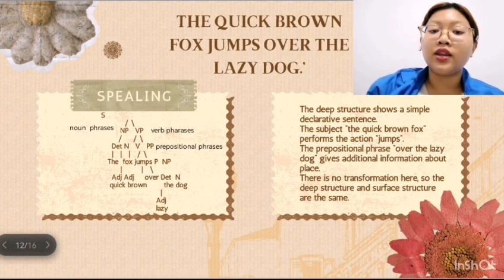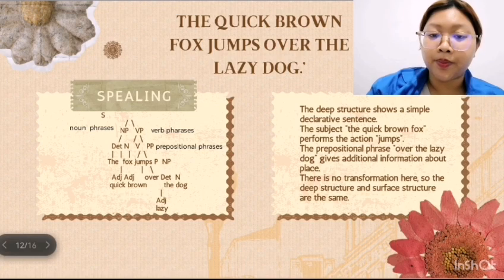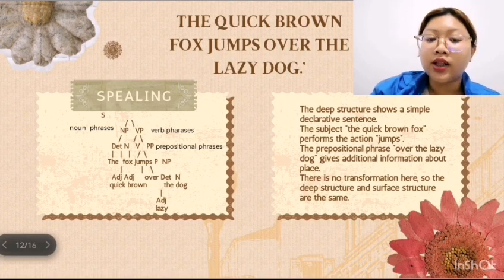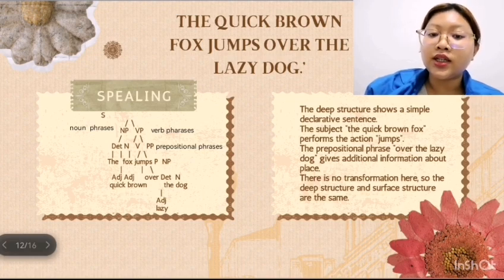The first one is the sentence: the quick brown fox jumps over the lazy dog. In the tree, first we have the subject, which is a noun phrase, and the verb phrase. The noun phrase has a determiner, the, and a noun, fox, and the verb is jumps, and the prepositional phrase is over the lazy dog, with the determiner the, the noun dog, and the adjective lazy.